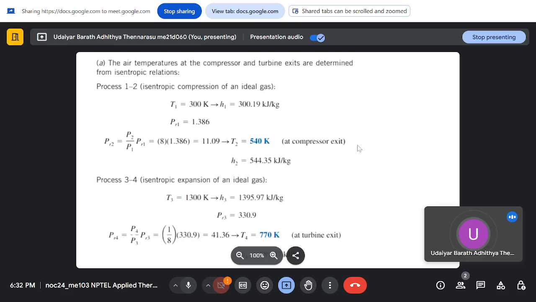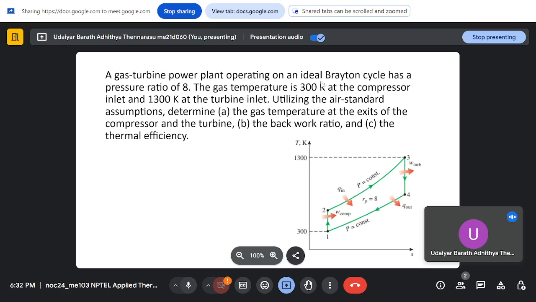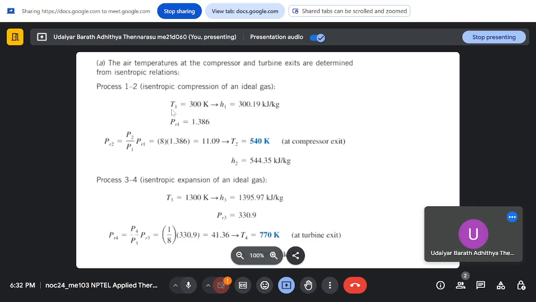First, the air temperature at the compressor and turbine exit is determined from the isentropic relation. We know compression and expansion are taking place isentropically, so entropy will be constant. We are making the air standard assumption, so we use the air standard table for solving this. For temperature T1, which is 300 Kelvin, the enthalpy corresponding to that temperature is 300.19 kilojoule per kg.